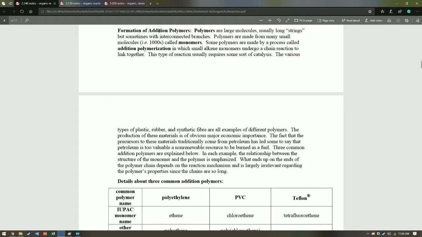But in the context of chemistry, you form these really long string molecules. Polymers are made from many small molecules called monomers, and when you add them together, you undergo a process called polymerization. In this case, it would be addition polymerization, in which small alkene monomers undergo a chain reaction to link them together.